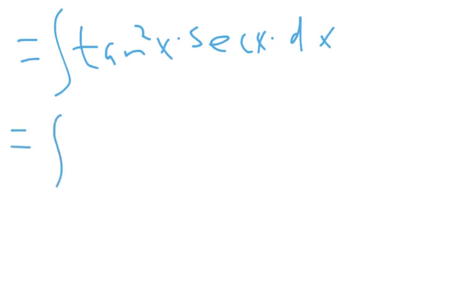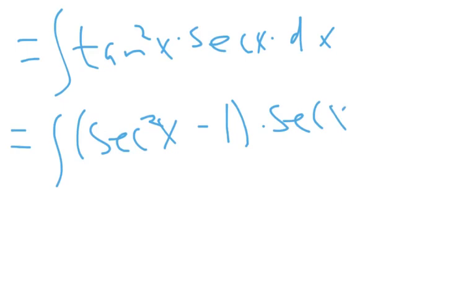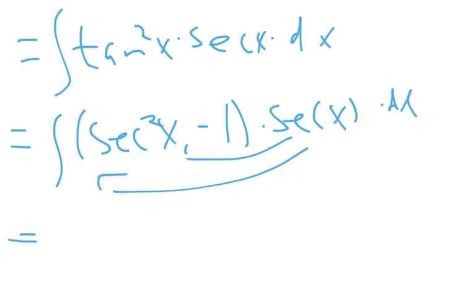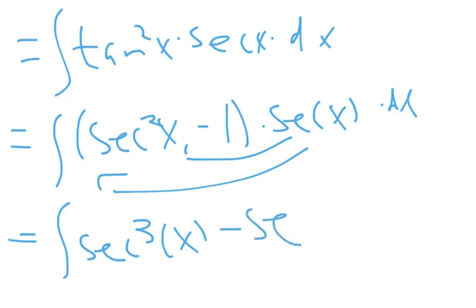So now I am going to express our tangent squared of x as secant squared of x minus 1 times secant of x dx. Now what we got to do at this point is simply to multiply everything out. So that gives us secant cubed of x minus secant of x dx.